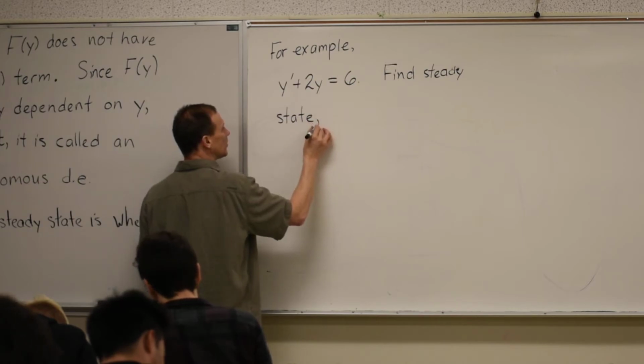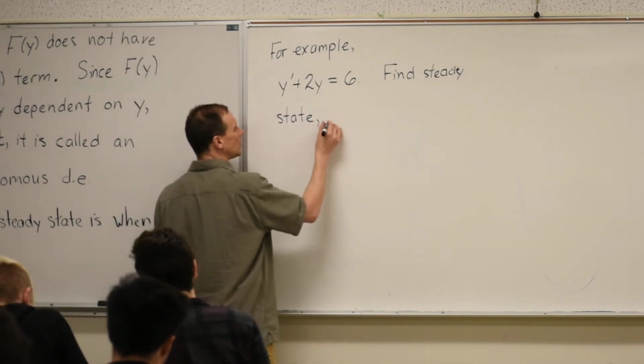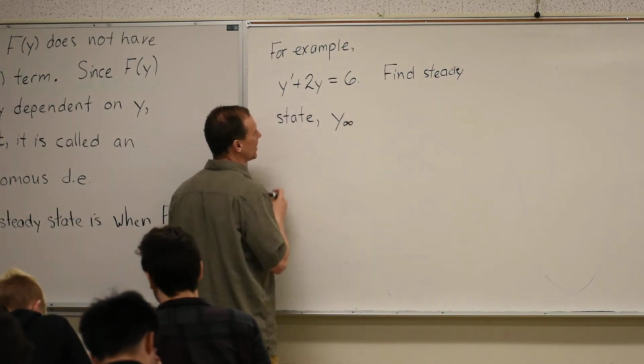What did we call the steady state? We're calling it y infinity. What happens in the long run, over time?